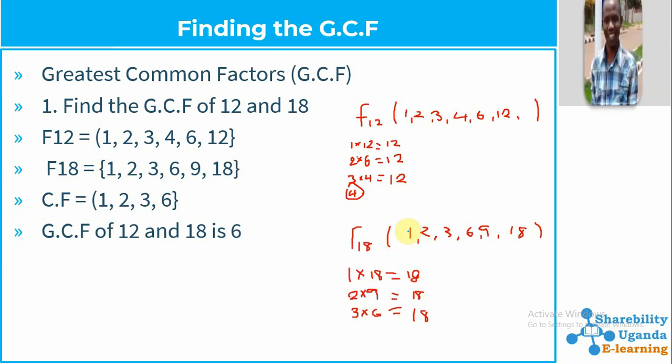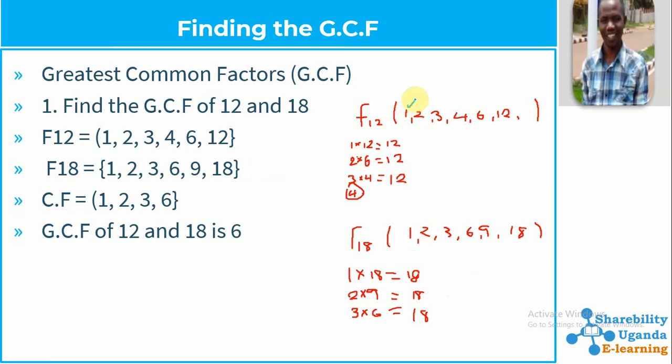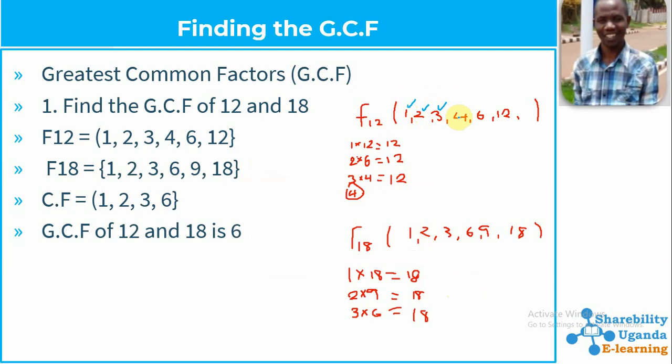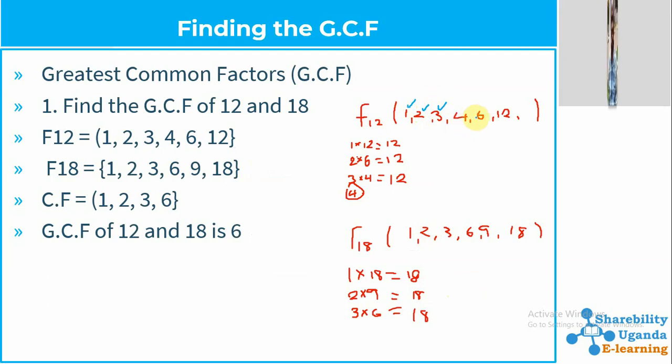Okay, let's identify now the common factors. The common factors, we have a 1, we have a 2, we have a 3, do we have a 4 here down? No, we have a 6.